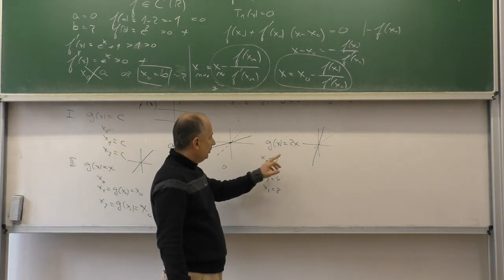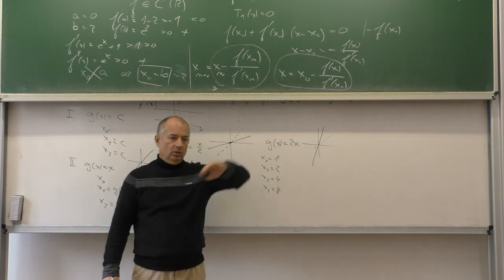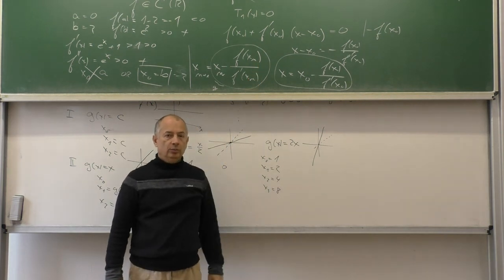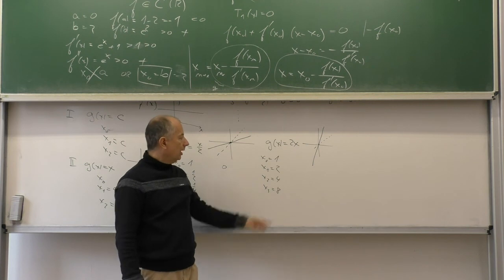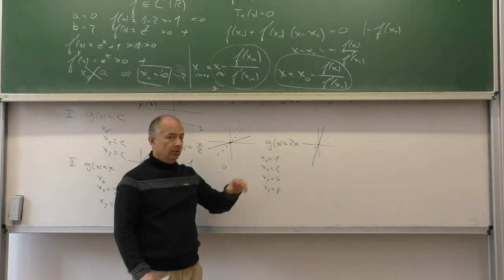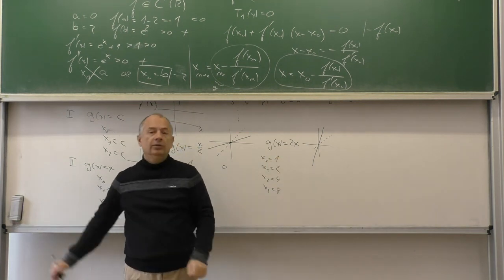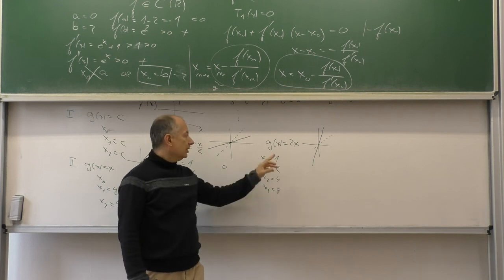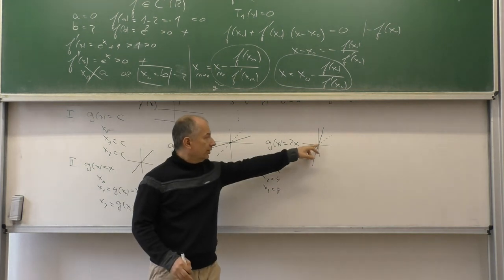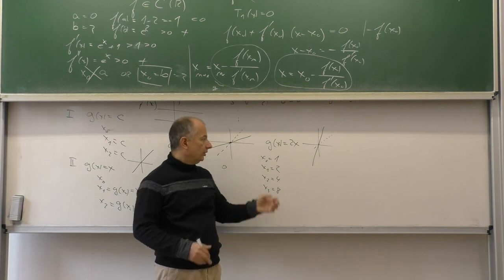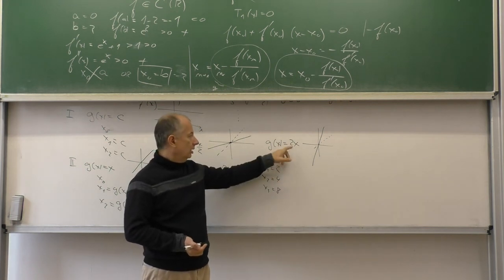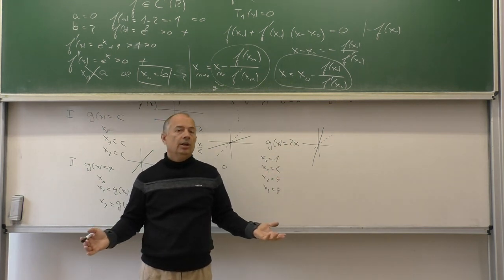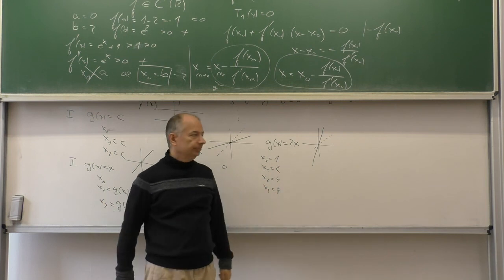So starting with a positive value, we go away to positive infinity. Starting with a negative value, we would go to negative infinity. And starting with 0, we stay at 0 exactly, because if x0 is 0, multiplying by 2 does not change the value, still 0.